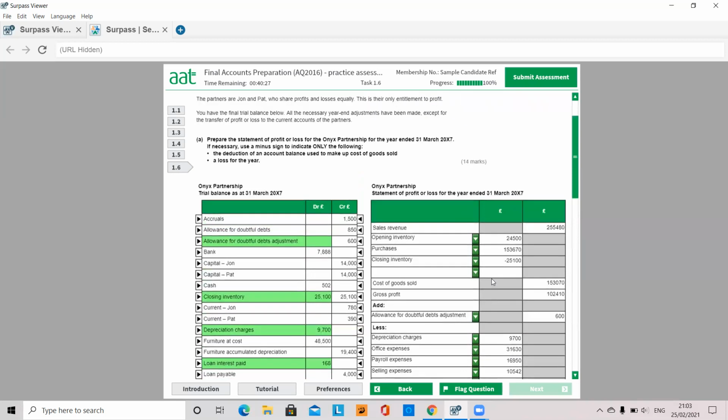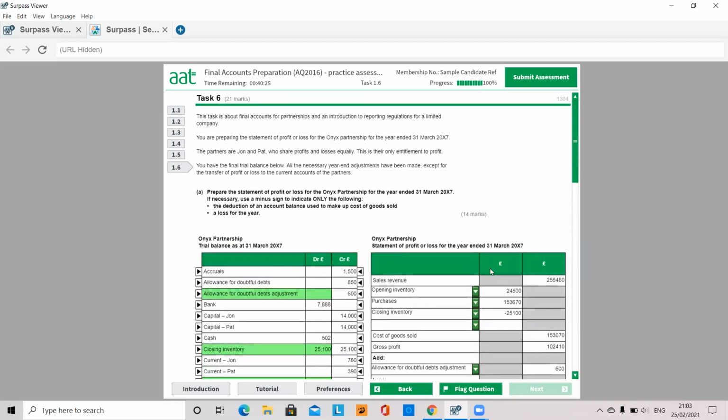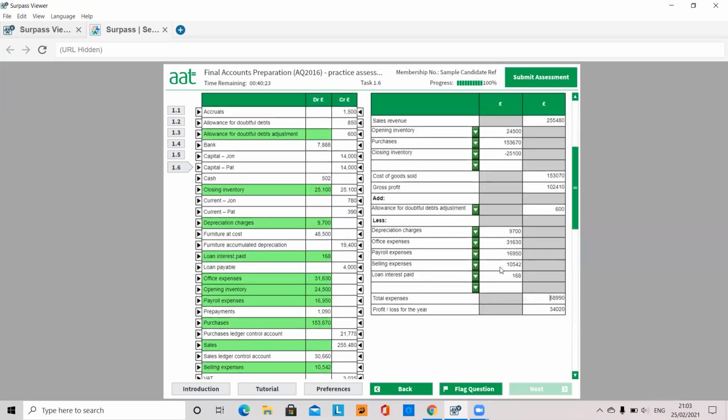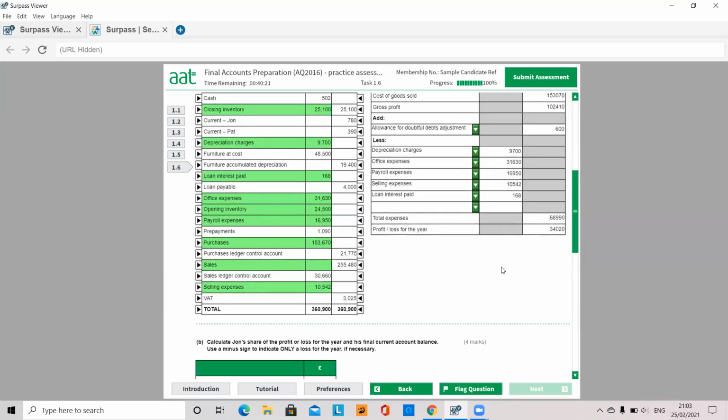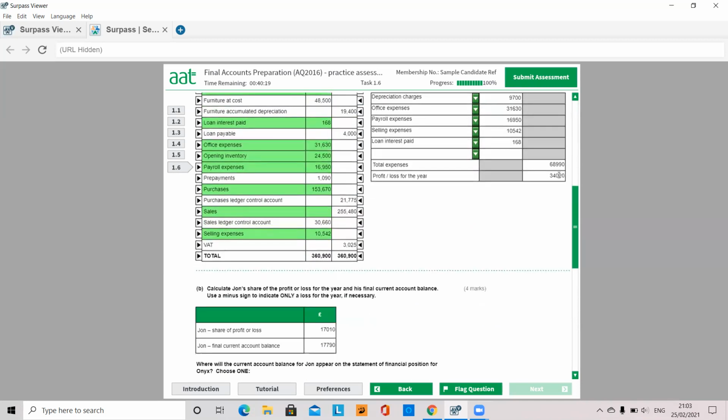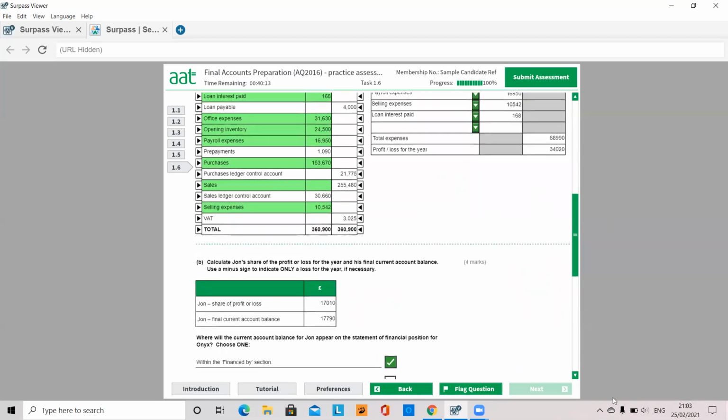If we go to John, it's equal, isn't it? I do apologise. So John has an equal share of profit. So 34,020 divided by 2 means that John's share of profits is 17,010. So half of that goes to John.